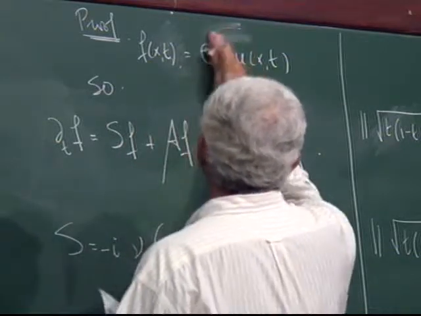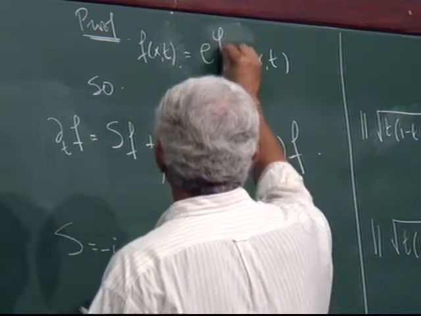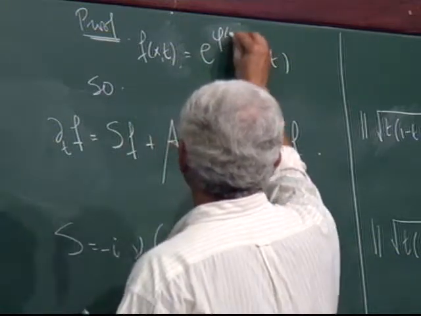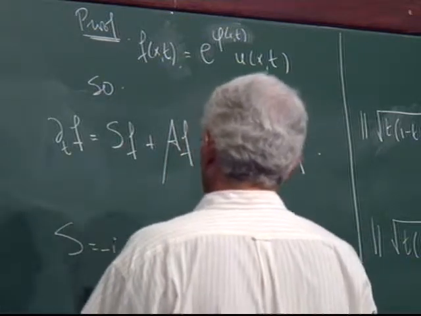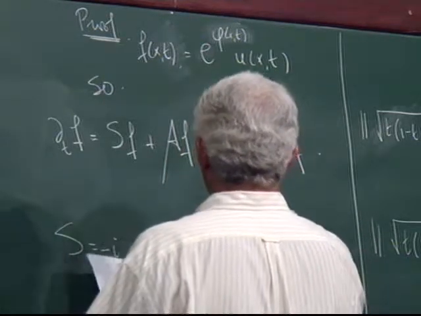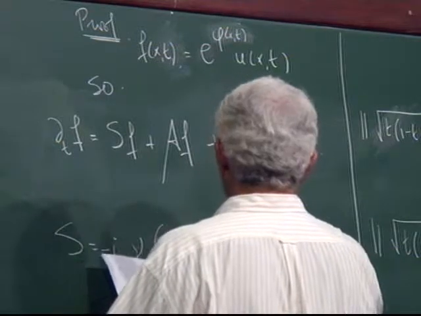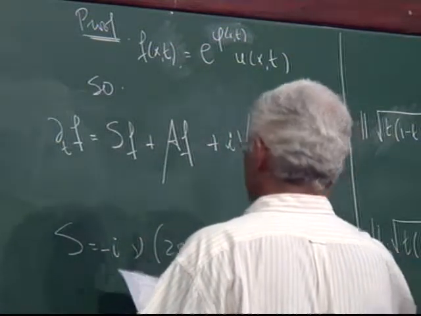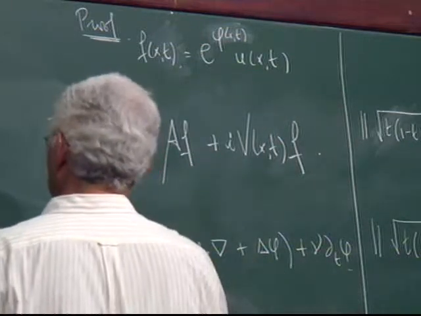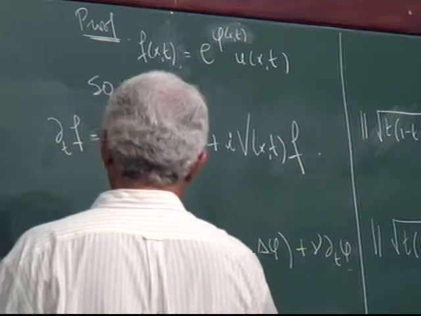Let me call this for the moment phi of x, t: gradient plus Laplacian plus gamma t, and A is equal to this.